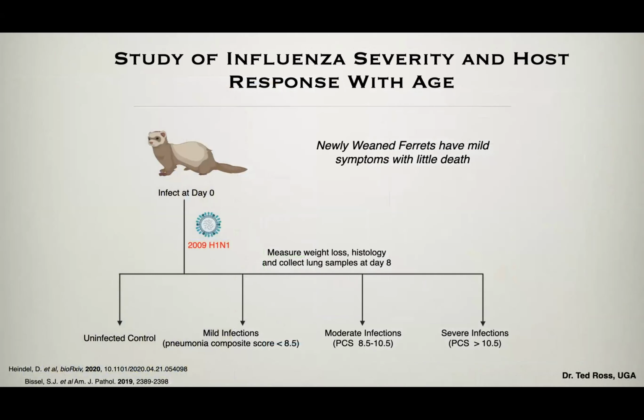If we look at the young ferrets, the newly weaned ferrets, these ferrets have very few symptoms. They're very mild. They have little death observed. Again, because we're dealing with growth rates of ferrets, weight is a little bit of a difficult metric to use for this ferret population. So again, we turn to the histological pneumonia composite score to separate them into mild, moderate, and severe.